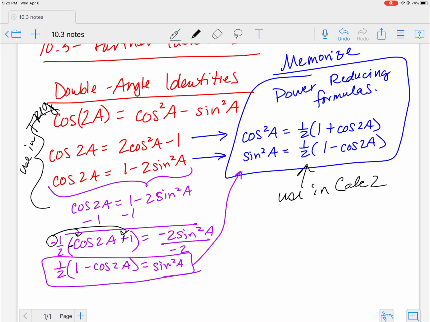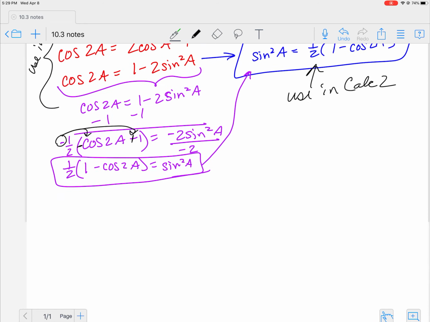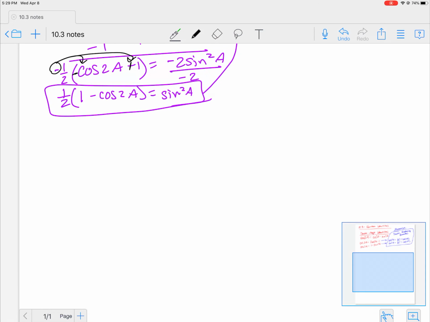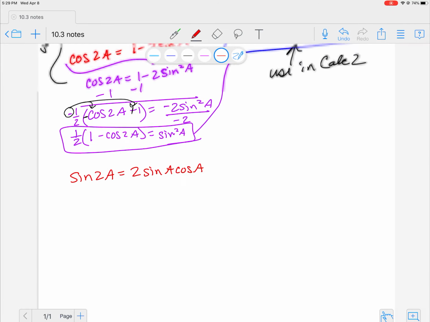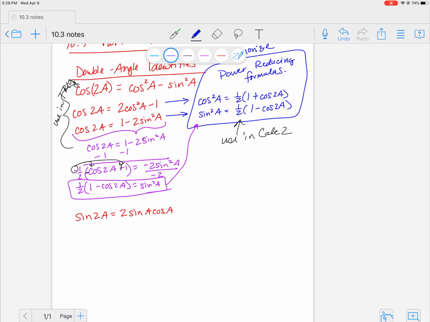So you need this for calculus. You're going to use those in Calc 2. These you're going to use in trig right now. All right, so it'll be in this form over here for trig, so don't lose those. But these are what you actually need to memorize to use for future, is what I'm getting at. All right? Okay, I think I've belabored that one enough.